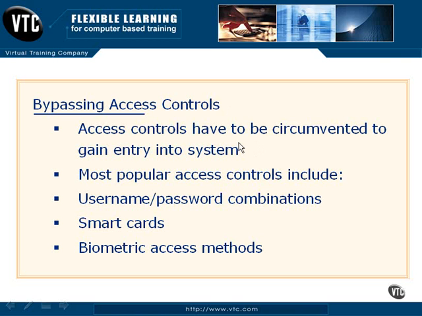So we're going to talk about some of the more popular access controls and how we might be able to circumvent them. First of all, the most popular of all access controls is a username and password combination. We're also going to talk a little bit about smart cards real quick. Smart cards are basically little scan cards, very much like a credit card.